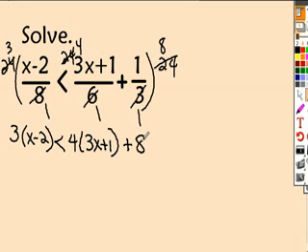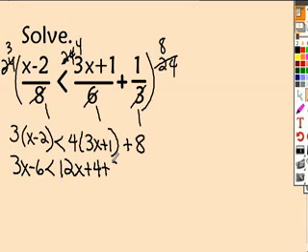Then you want to distribute and combine like terms. Make sure that there is only an x to the first in the problem, and if there's an x squared, you have to solve it in a different way. So distribute. Before you start moving things, add your like terms.